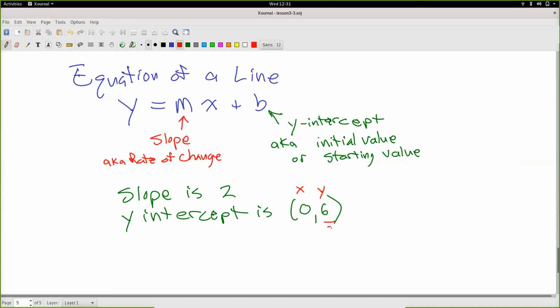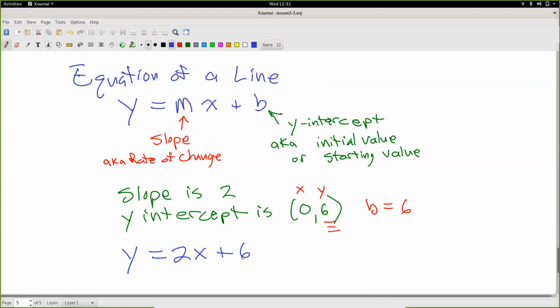And the y value is the value of b. So this point right here tells me that b is 6. So when I write down my equation for this situation for my number one, I would write y equals 2 times x plus 6. So I would write y equals 3x plus 6. That's correct. Okay, thank you.